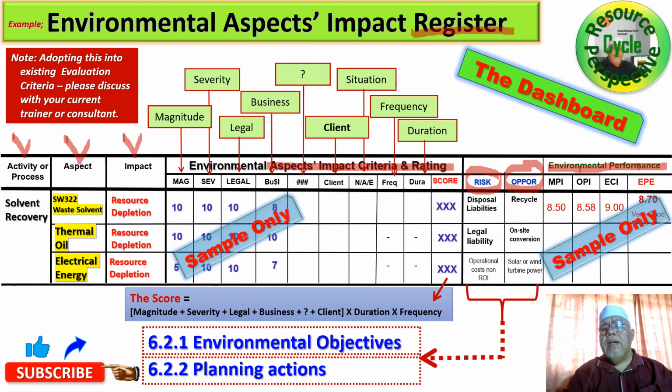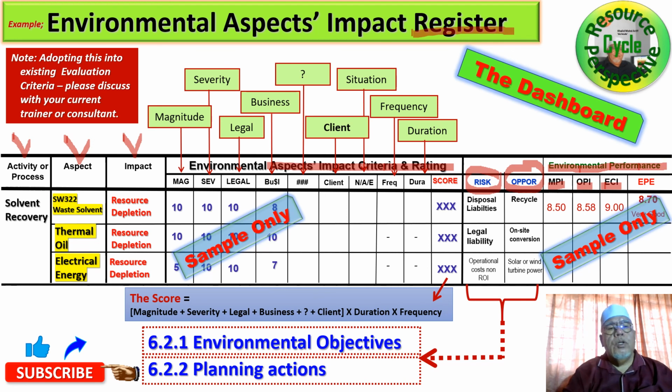This is MPI, which stands for Management Performance Index, representing the management performance in the environmental management system. OPI is the Operational Performance Index, whether we are meeting our target objective, whether what we are doing is on par with what we are supposed to achieve. And the Environmental Condition Index. For example, in this case, if the purchase of fresh solvent is less, it scores high in the ECI. So these are the environmental performance indicators that we have, plus risk and opportunity in this dashboard.